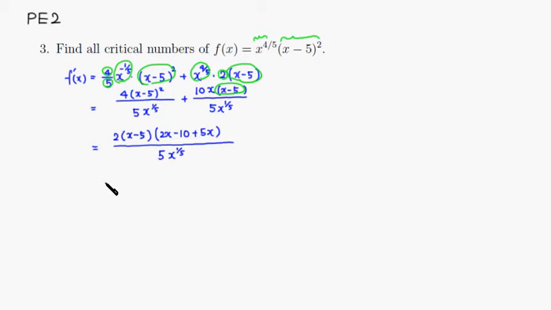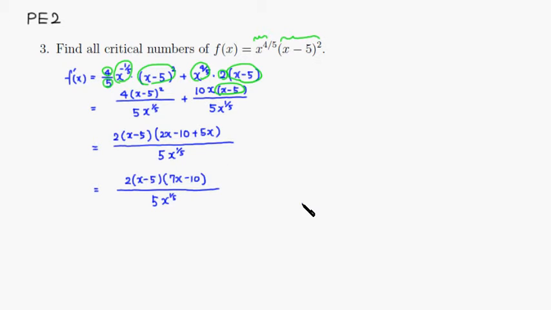Let's clean that up a little bit. You're going to have 2 times the quantity x minus 5 times the quantity 2x plus 5x, which is 7x, minus 10, divided by 5x to the 1/5 power.